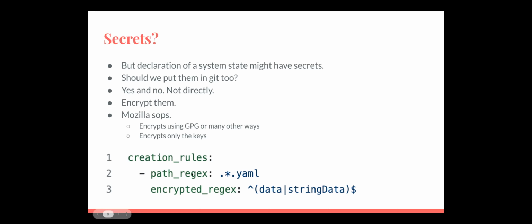It says that for all the files that end in .yaml and have this key, it will match the regular expression, and all those values would be encrypted. Again, I'm not going into detail, but SOPS is also very powerful. It can work with Amazon KMS, Google, HashiCorp Vault, etc., or with GPG as well.